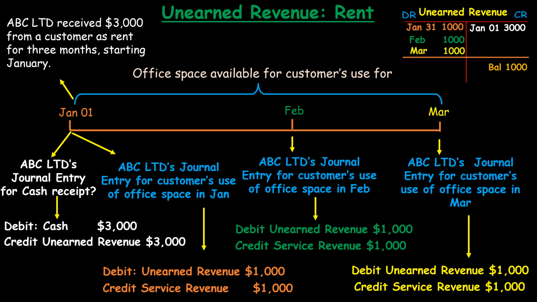To update the T accounts, you can see that $1,000 is updated on the debit side of the unearned revenue because the unearned revenue account is debited, bringing you the balance zero, which means ABC Limited has delivered the service or settled the obligation. No more obligation to the customer. Of course, ABC Limited is in the business of renting out its premises. So the cycle will repeat, and the accountant at this business will continue to do the same thing.